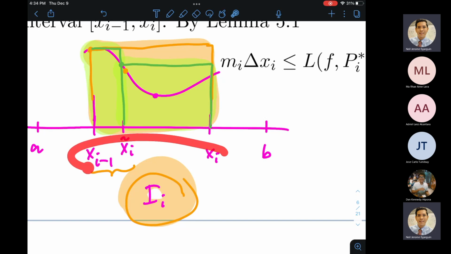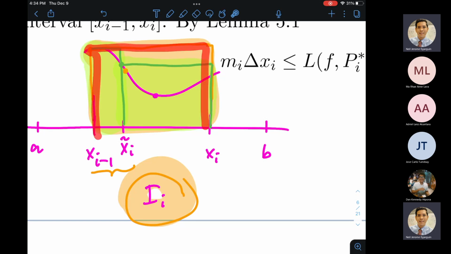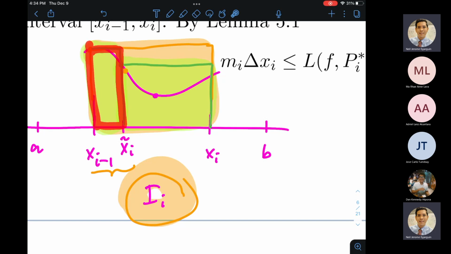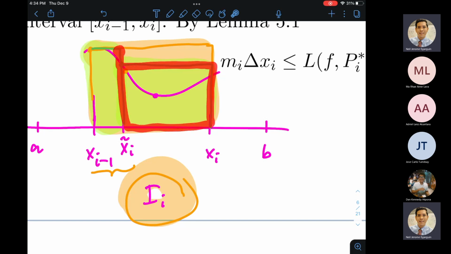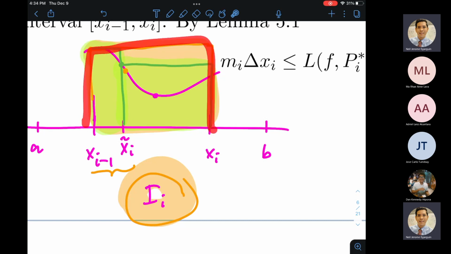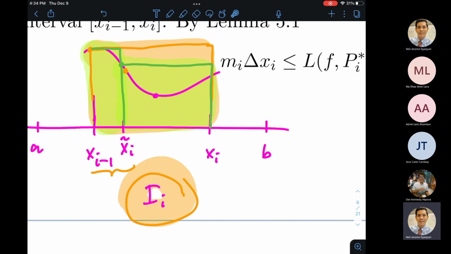Kasi kung consider ko to as a single interval, ito yung representative ko kasi ito yung maximum. Malaki yung rectangle na mabubuo ko. Pero pag hinati ko pa siya sa dalawa, ito, magiging height na lang siya nitong interval na to. And then, ang magiging height na nung pangalawang interval ay mas maliit. And they will sum up to definitely a smaller area than the original area that we had before the refinement of the partition inducer. Okay?